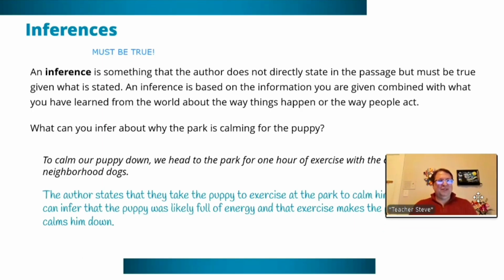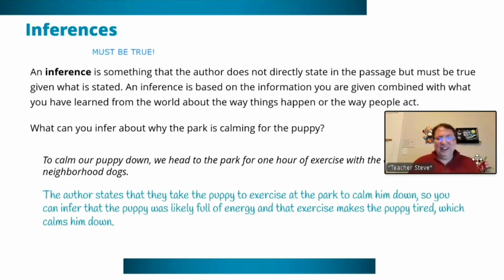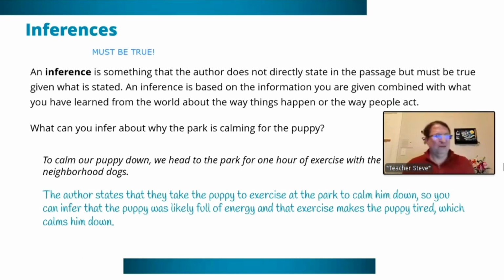So the dog had lots of energy, and going to the park is going to help reduce that energy. Anybody who's ever had a puppy before knows that puppies are amazing. They have a stupid amount of energy, like more energy than they should possibly have. So we have evidence to support this.